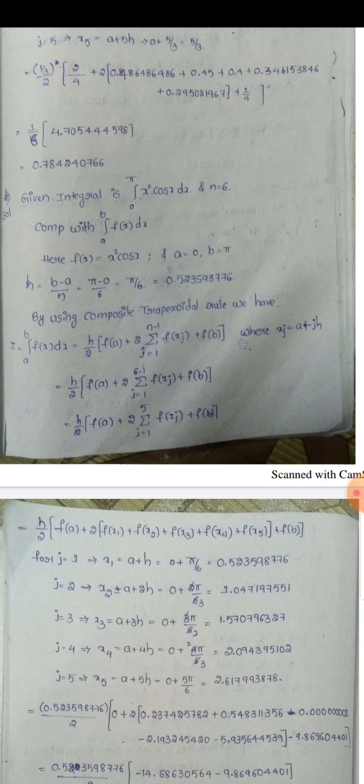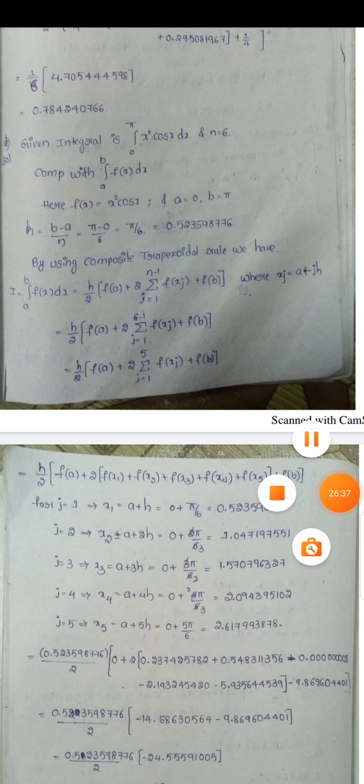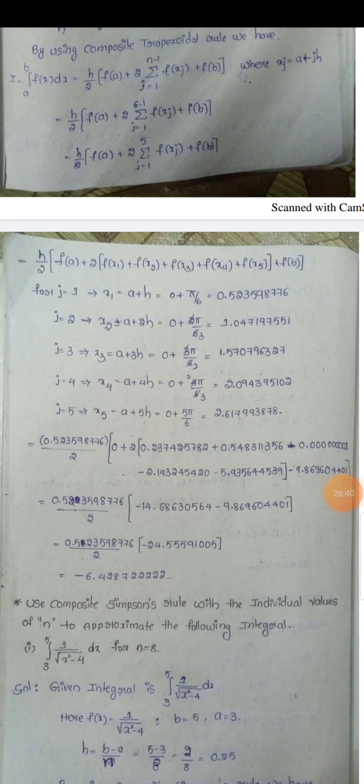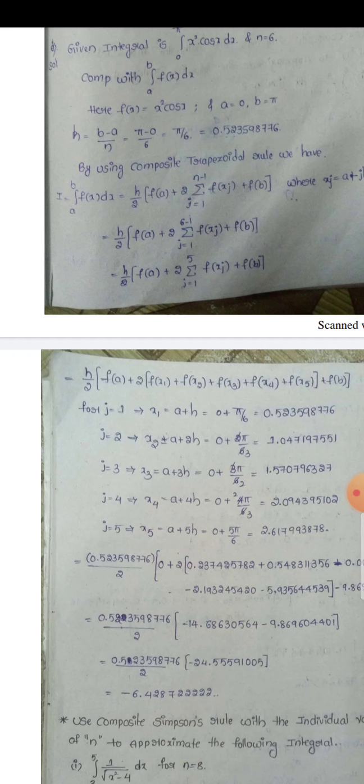This equals h by 2 f of a plus 2 into summation j equals 1 to 6 minus 1 f of xj plus f of b, which equals h by 2 f of a plus 2 into summation j equals 1 to 5 f of xj plus f of b, which equals h by 2 into f of a plus 2 into f of x1 plus f of x2 plus f of x3 plus f of x4 plus f of x5 plus f of b.